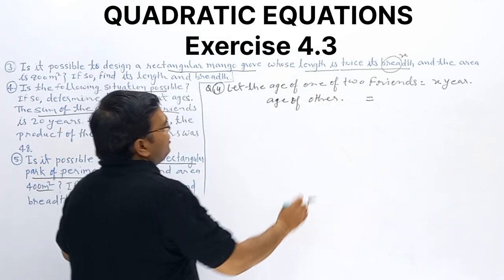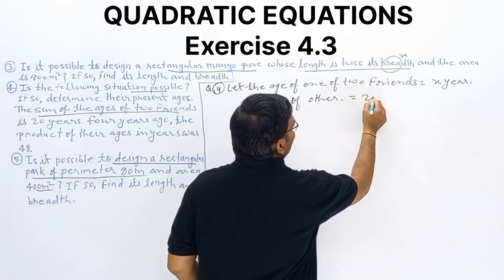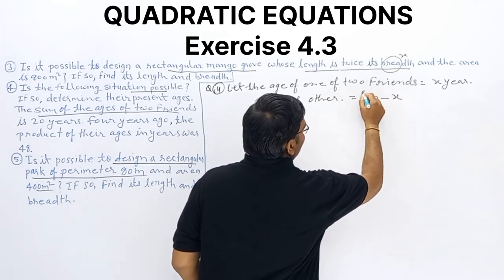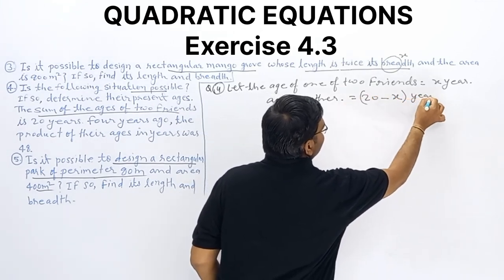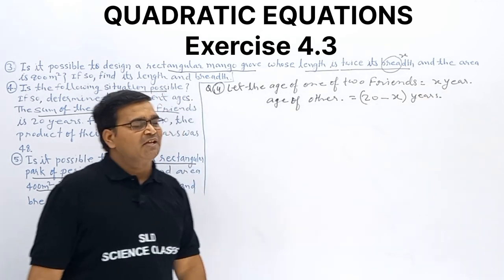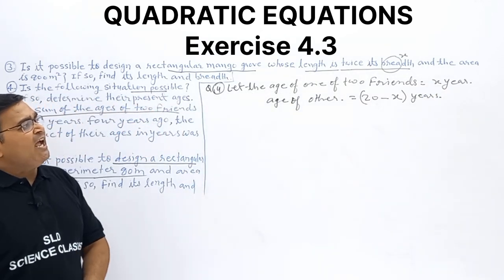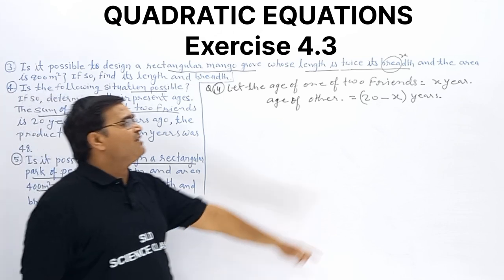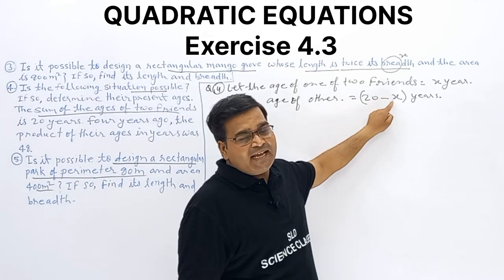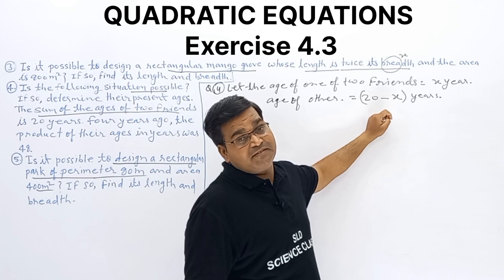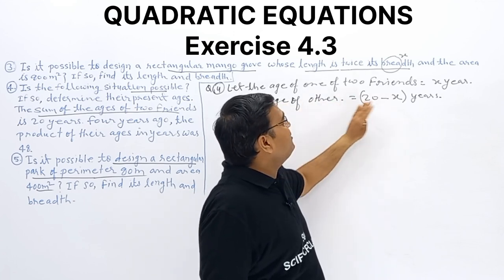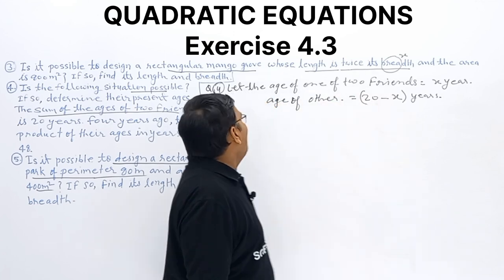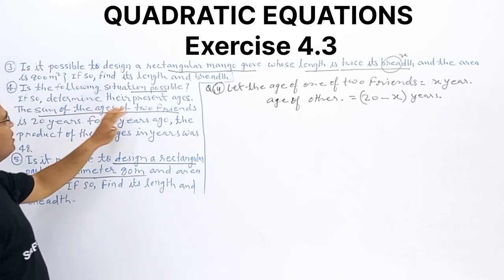Total is 20, so we can write 20 minus X years. Yes or no? One friend having X years, sum of both is 20, so we can say 20 minus X will be the age of other friend. Age of other will be what? 20 minus X. Now this is completed.